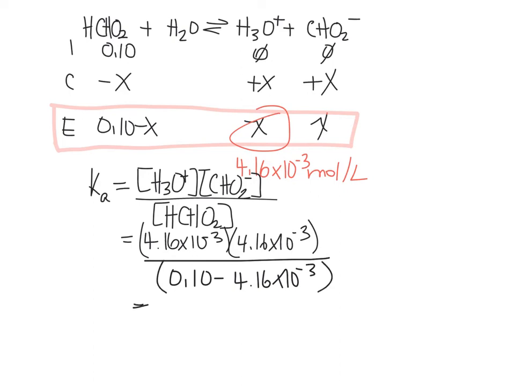If you plug this into the calculator, you get 1.8 times 10 to the negative 4. So our K value is quite small. Both percent ionization and your K will tell you approximately whether you have a weak or a strong acid. Because they're so small, that means we really do make very little hydrogen ion concentration. So these are very weak acids.